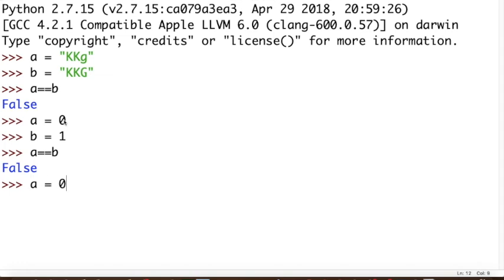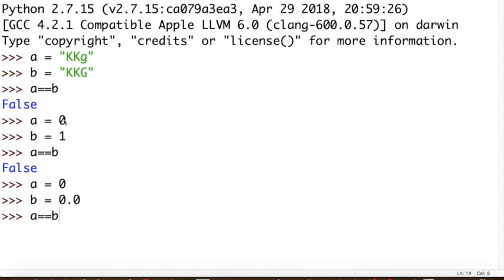A is equal to 0, B is equal to 0.0, A equal to B. Now you can see here A is an integer value, B is a floating point value, but both of them have the same or similar values, that is 0.